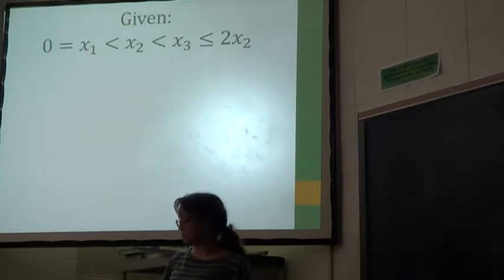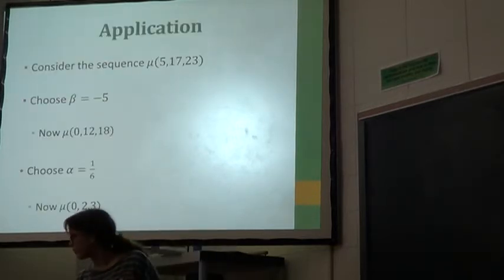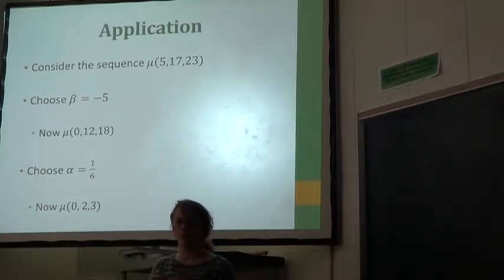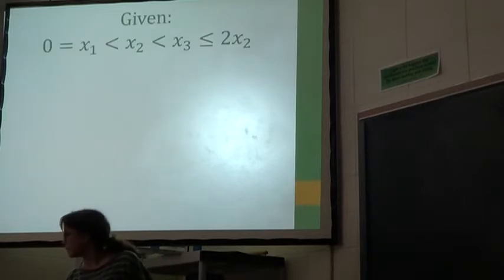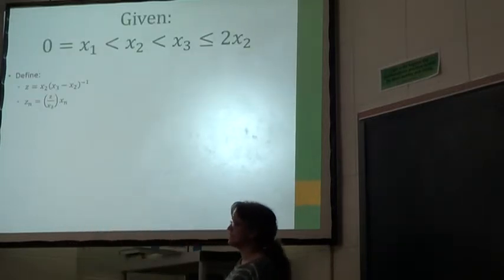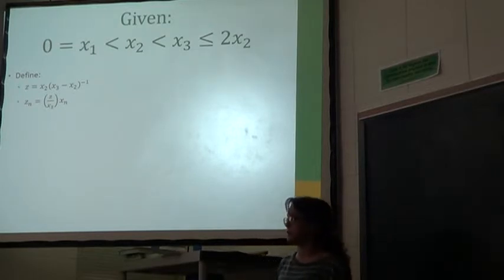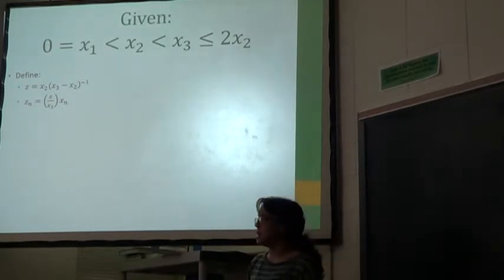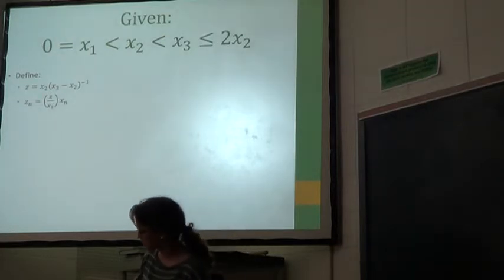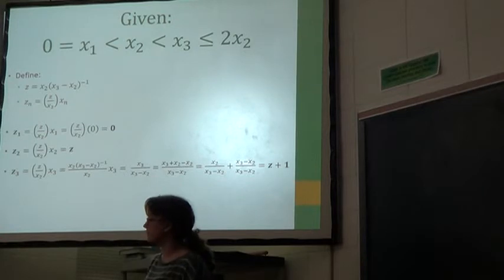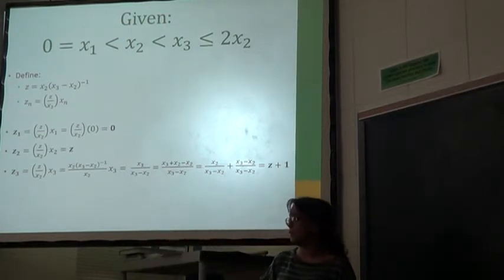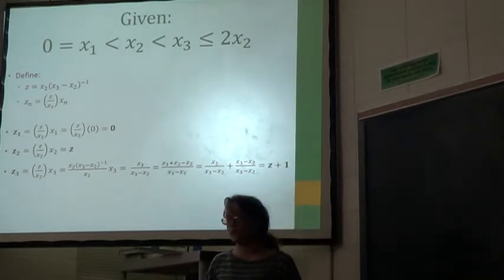So we can simplify, per se, any M&M sequence this way down to a simpler M&M sequence if we define z to be x sub 2 divided by x sub 3 minus x sub 2, and z sub n to be z divided by x sub 2 times x sub n. By doing this, we have z sub 1 is 0, z sub 2 is z, and z sub 3 is z plus 1.